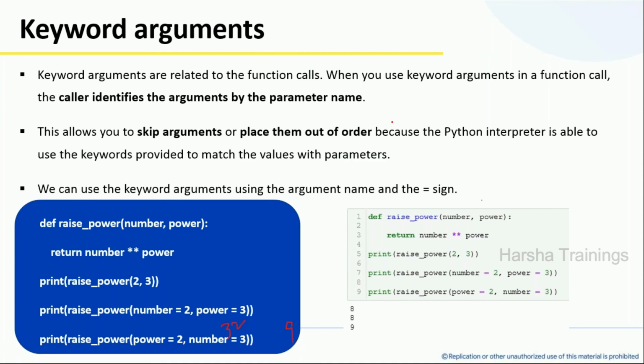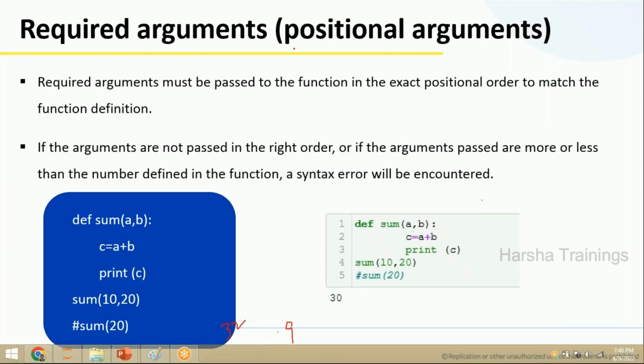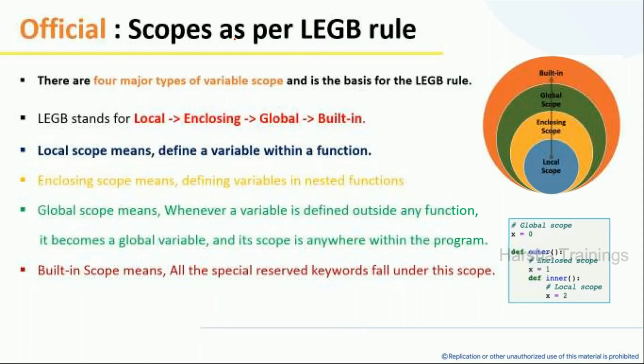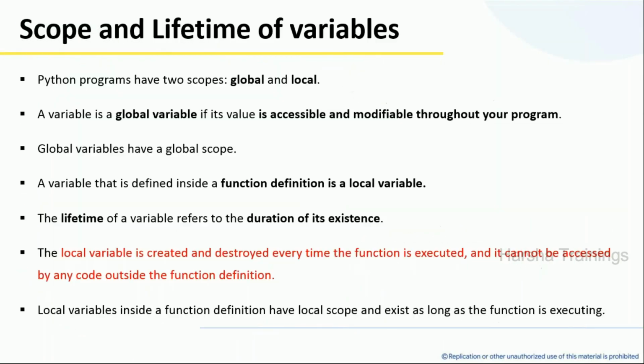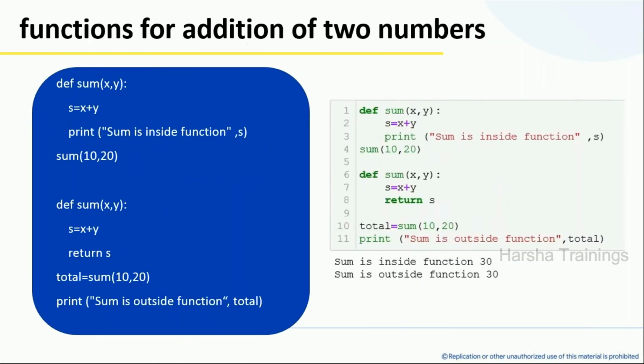Now, the next one, which all languages support, is positional arguments, also called required arguments. Before discussing this topic, let me go to point number 2, which I discussed in the previous classes.